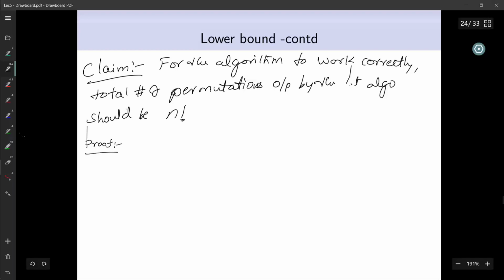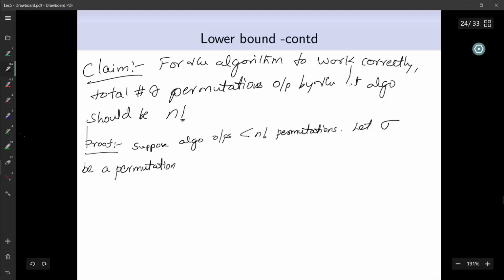So, proof by contradiction. The algorithm outputs less than n factorial permutations. Let sigma be a permutation that is not labeling any leaf of the tree.